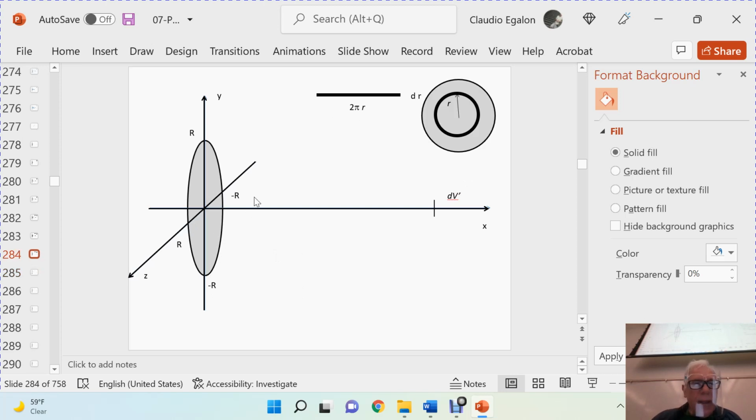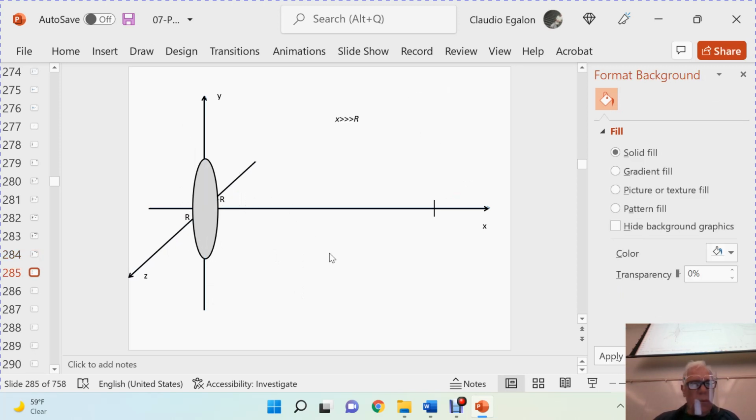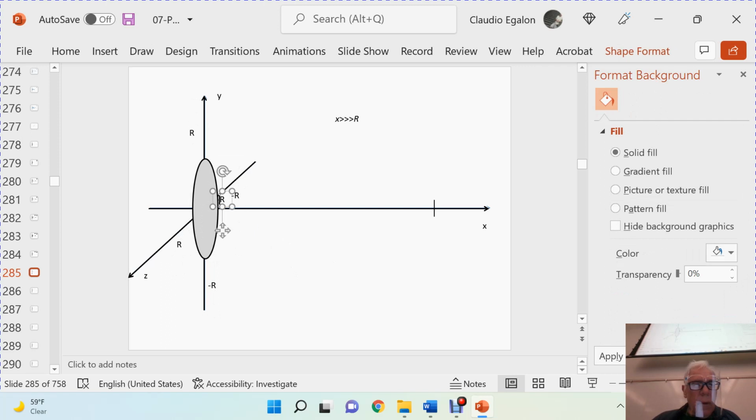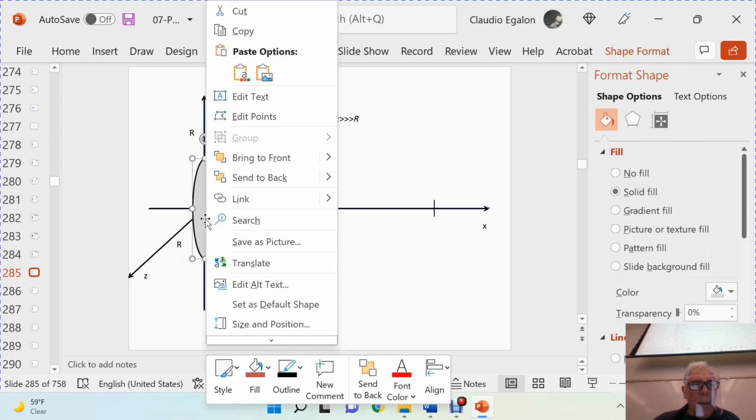Let me see if I can get the R's so the drawing is complete, by zooming out. I don't need this one. I don't need this one. But this one, I need to go to the back. Send to the back.